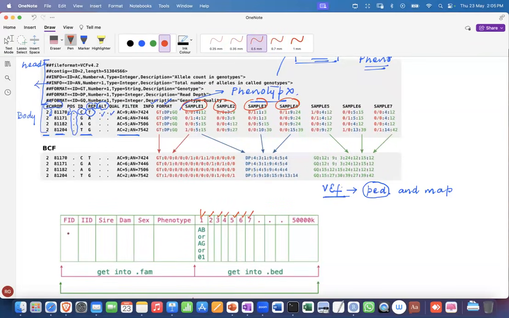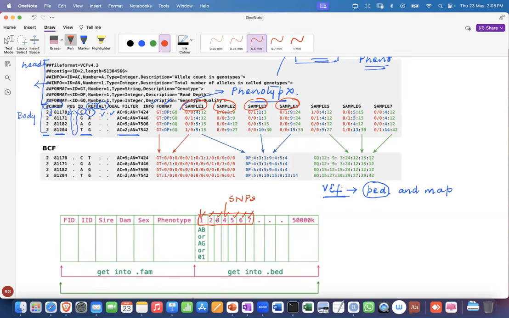Now, just a correction to help you understand this. Purposefully, I committed an error. Listen to me very carefully. The major difference between a PED file and a VCF file is that you do not have your samples here in the columns, but you have your SNPs.